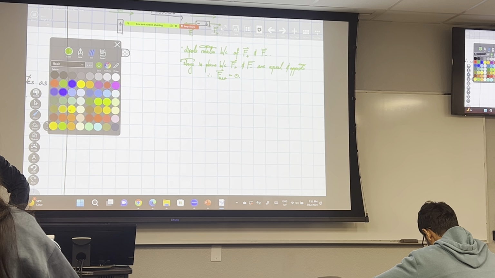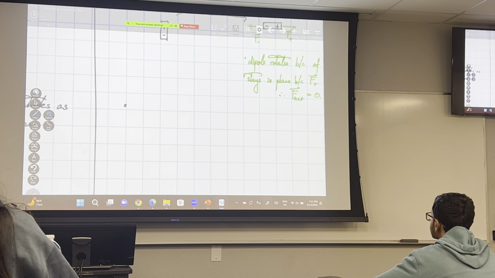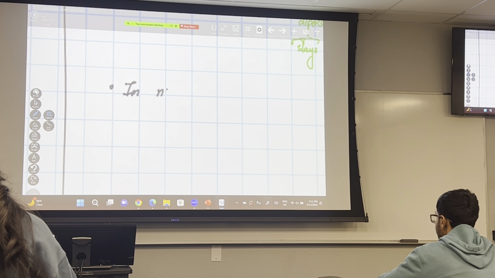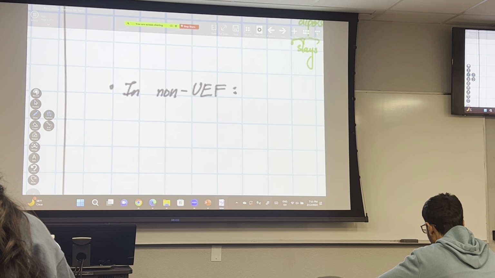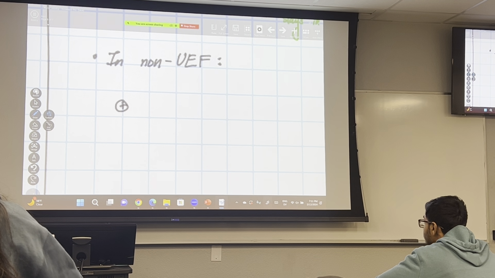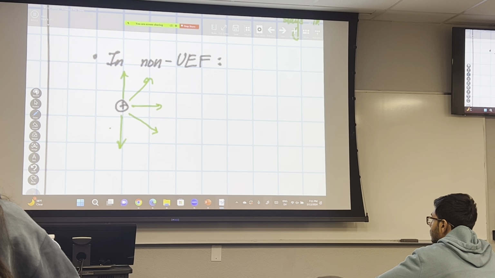Well, that's in a uniform electric field. That's the boring case. Let's make things a little bit more interesting. What about in a non-uniform electric field? Let's say we have a positive charge here, and a positive charge has an electric field radiating out in all directions.